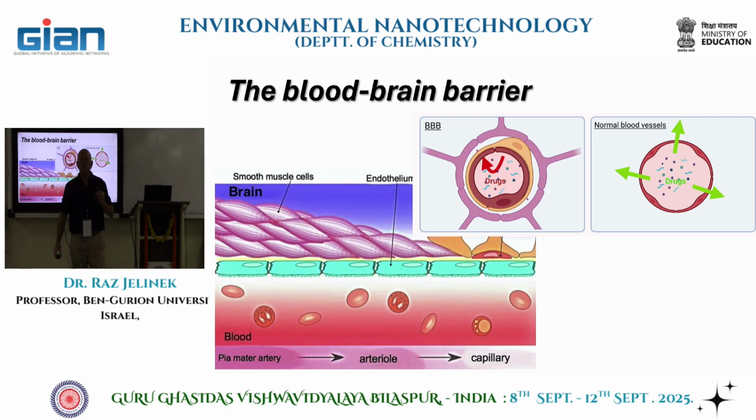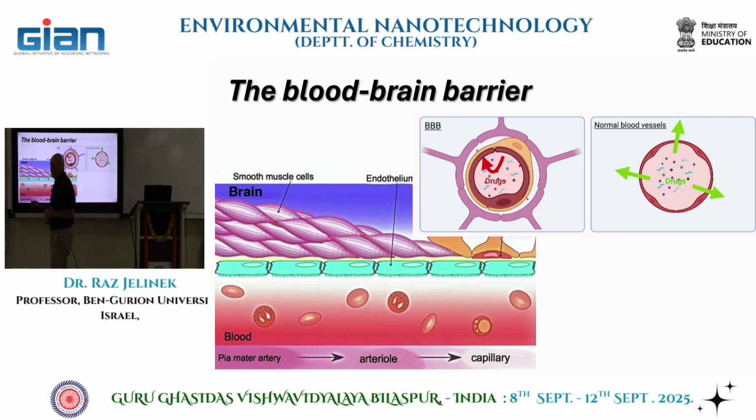This is an extremely important membrane that protects the brain from the rest of our body. We don't want anything to go into the brain because it's the most important organ in our body. So, to protect the brain, we have a very strong and tight membrane between the brain and the blood vessels.